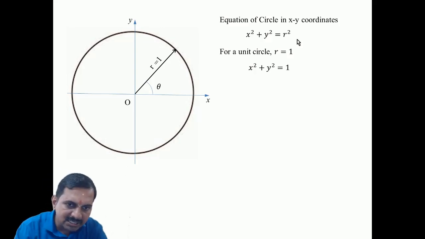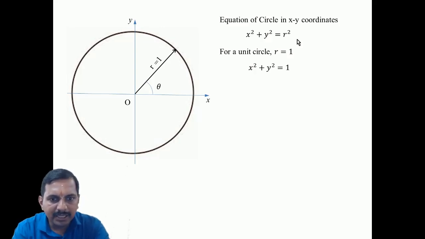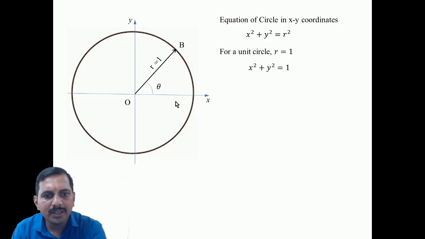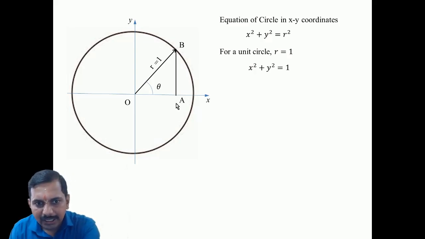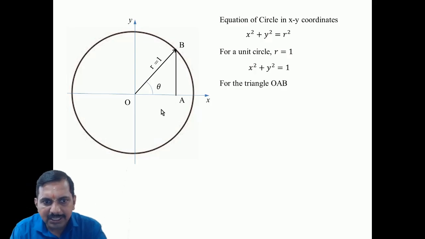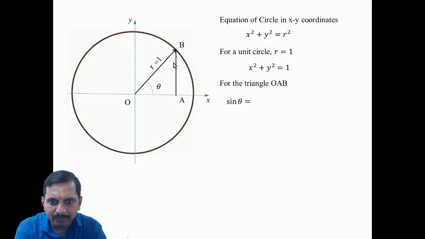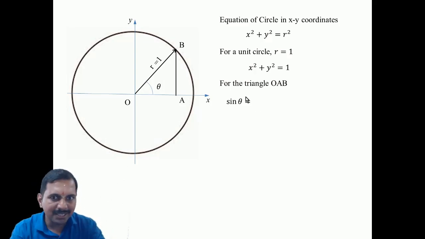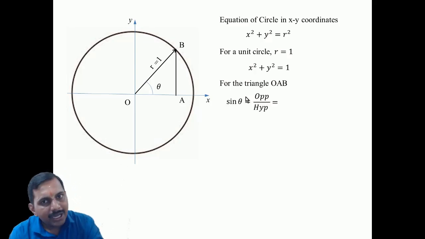So let us say this is angle theta, and then we will go further with drawing a line AB. Now if you consider this triangle OAB, we will have sine theta, which comes from the basic thing we have been taught, that it is opposite by hypotenuse.